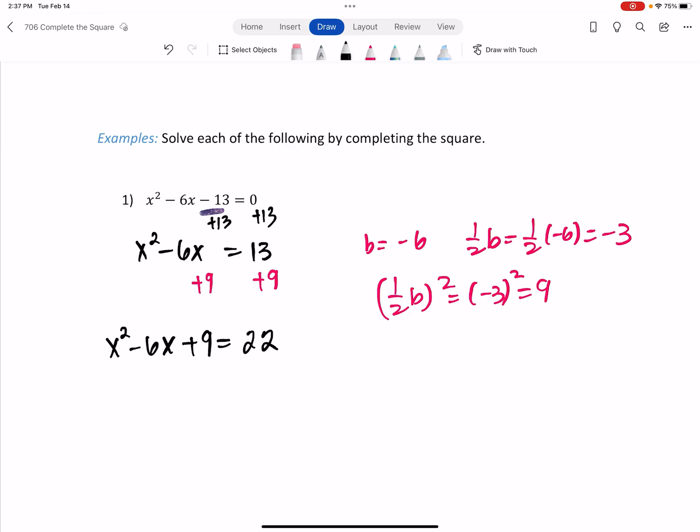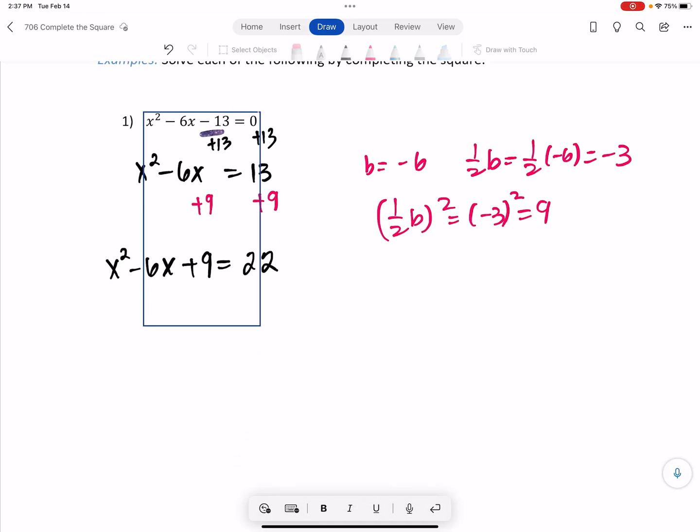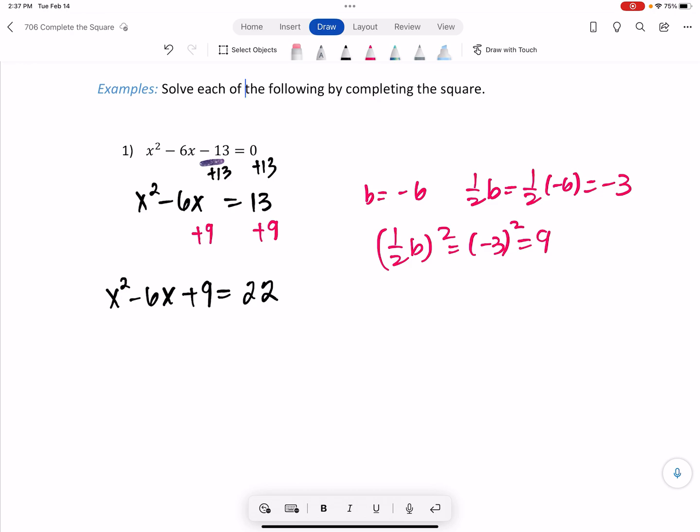Now I'm going to factor the left-hand side. The left-hand side should factor into (x plus 1/2 b) squared. Remember, 1/2 b was -3, so (x minus 3) squared.